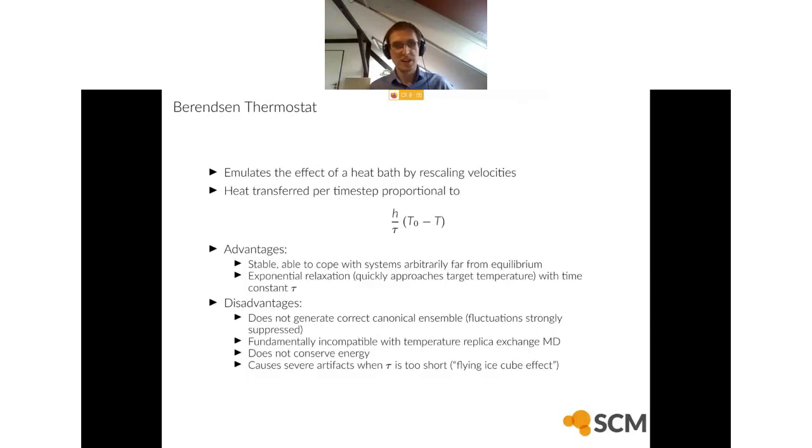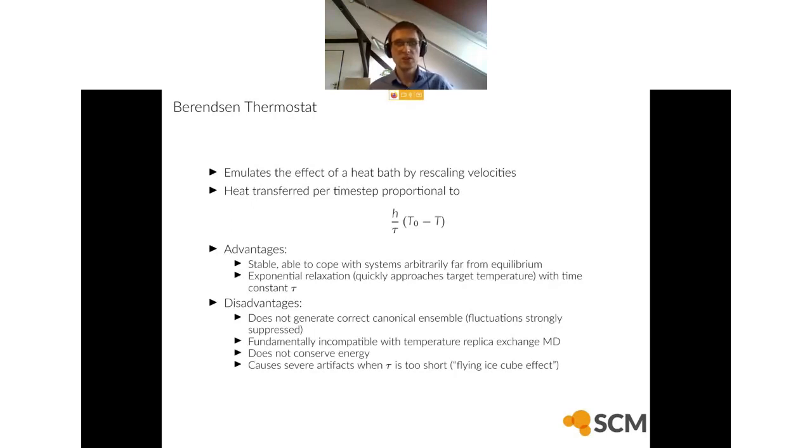It is also fundamentally incompatible with some methods like temperature replica exchange MD. That's simply because the distributions are way too narrow, so you will never get correct exchanges between replicas in REMD. There's also no conserved energy quantity associated with the Berendsen thermostat, so although you could check the quality of your forces and the accuracy of your simulations in microcanonical simulations, you can no longer do that when you use the Berendsen thermostat.